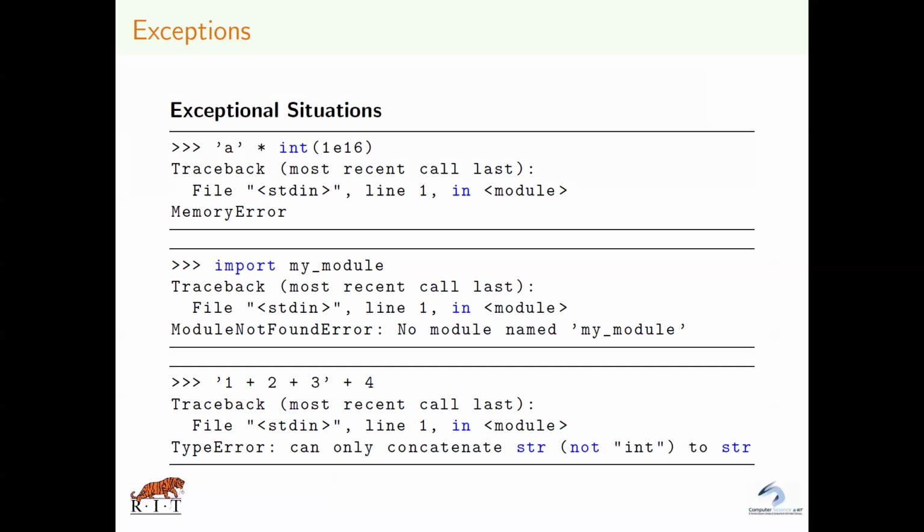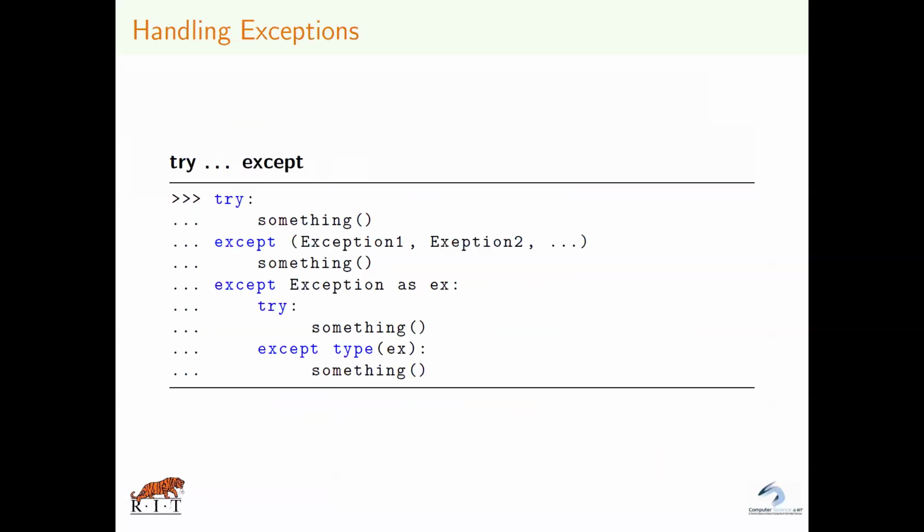If I want to import a module that doesn't exist, I will get an error, module not found. If I want to add a string and an integer, I will get a type error. So there are many other errors.